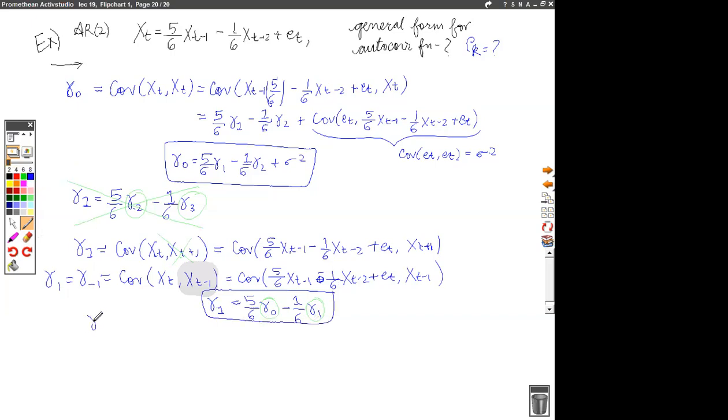Okay, so now if I have to figure out gamma 2, what should I do? I should again write covariance of xt comma xt minus 2. And can anyone tell me the final answer like this for gamma 2? It'll be 5/6 gamma 1 minus 1/6 gamma 0.